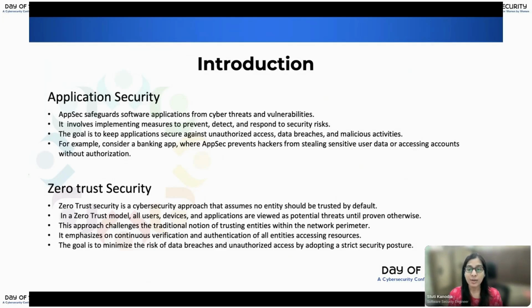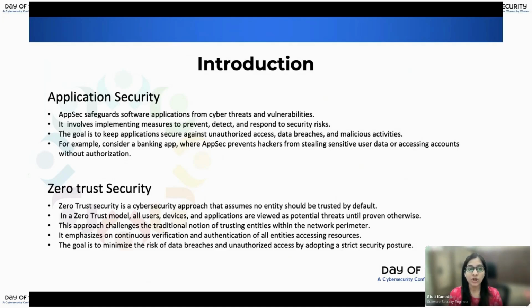But now there is something called insider threat that also exists. So zero trust makes sure that whether it is a trusted boundary or an untrusted boundary, all are treated the same, and continuous verification and authentication are maintained before accessing any resources.